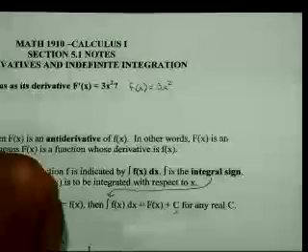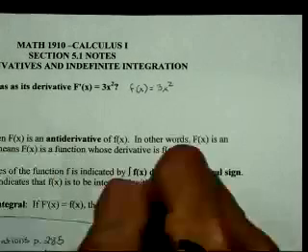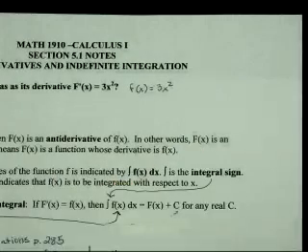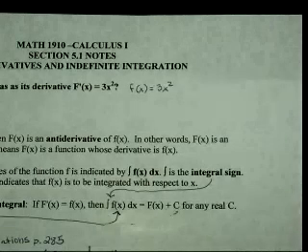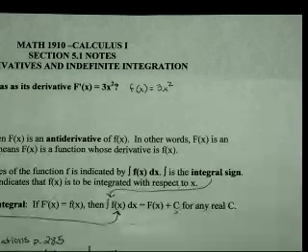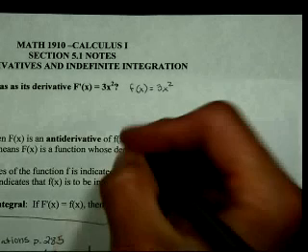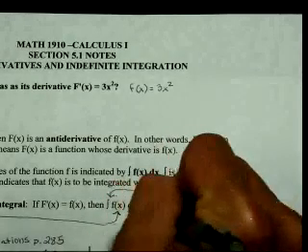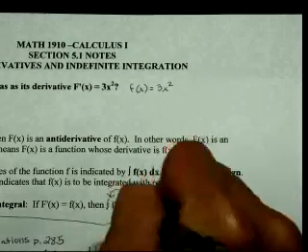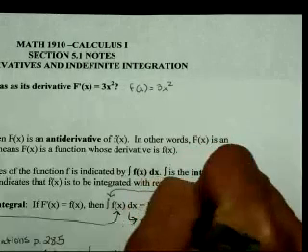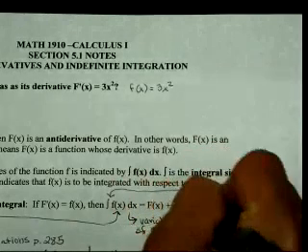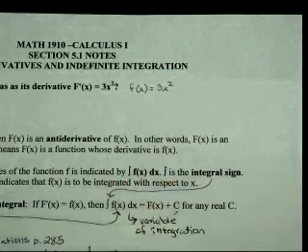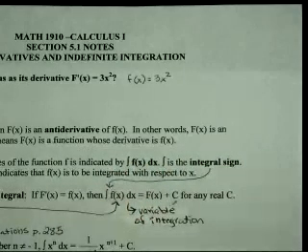This is the integrand, just like what you're taking the square root of is the radicand. What you're integrating is called the integrand. dx is your variable of integration, which is not going to be terribly important to us when we're dealing with functions that only have one independent variable.